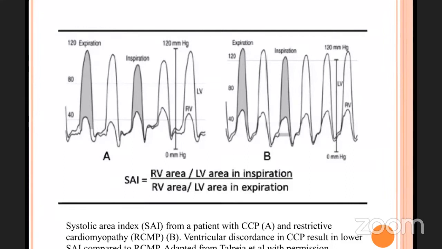But if both are moving in different directions, that's what we call a discordant pattern, and this will be more than 1. So if this ratio is more than 1.1, that means more than 10% change, then it is in favor of constrictive pericarditis, and it is against the diagnosis of restrictive cardiomyopathy.